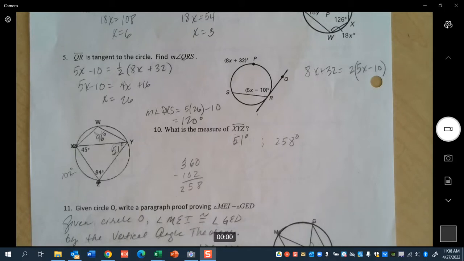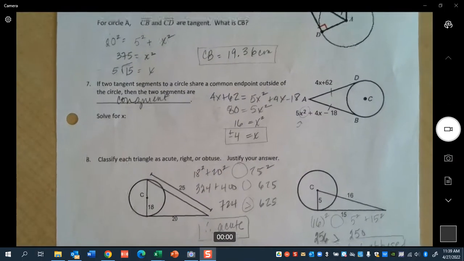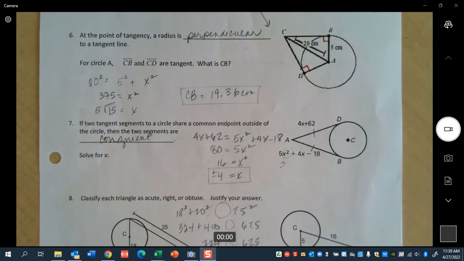Number 6 on the other side, and number 7 is kind of confusing. Yeah, so the radius is going to be perpendicular, and that gives me a right triangle that I can put through Pythagoras. So my hypotenuse is 20, and my one leg is 5, and I don't know what my other leg is.